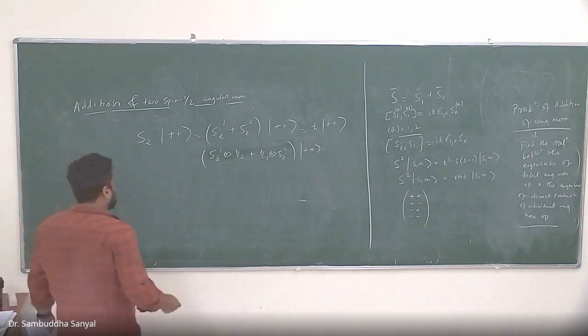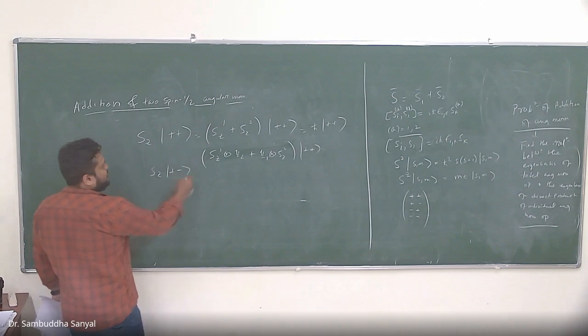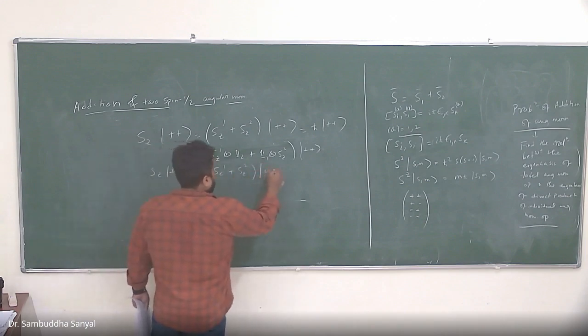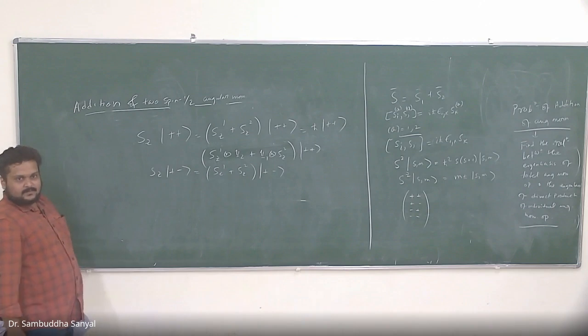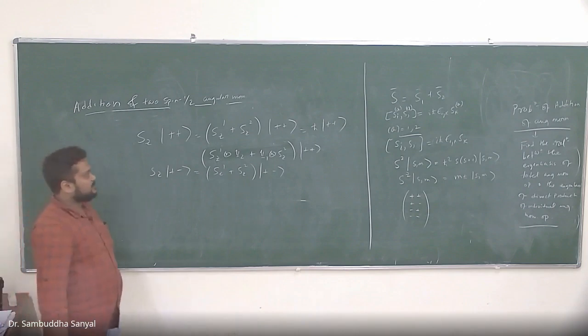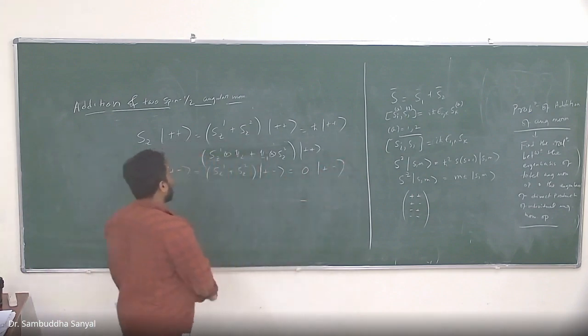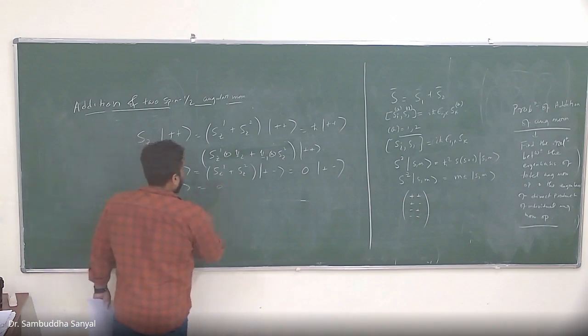Okay, what should this do? This is the total Sz. What should this give? Yeah, this will give you 0. So this is 0. Similarly, Sz on minus plus will give you 0.